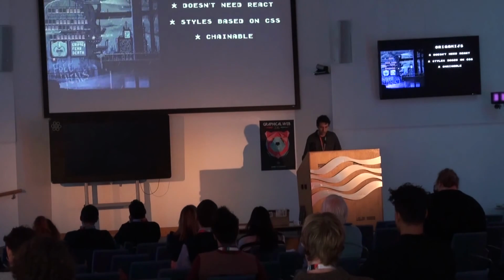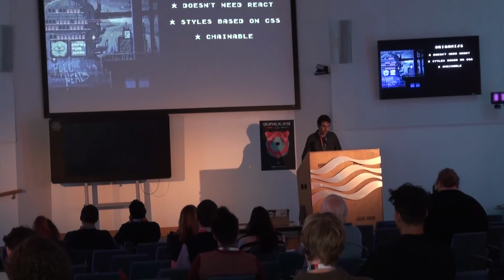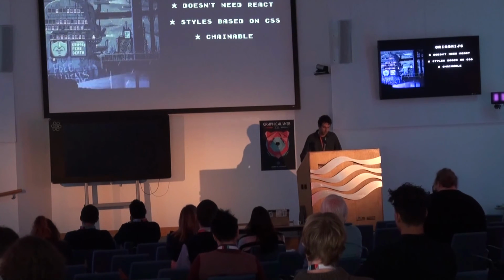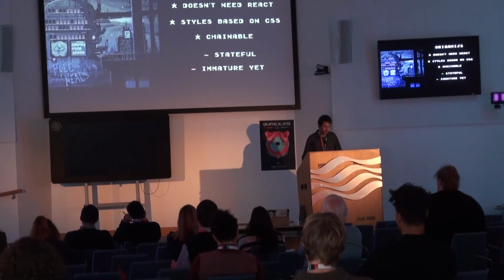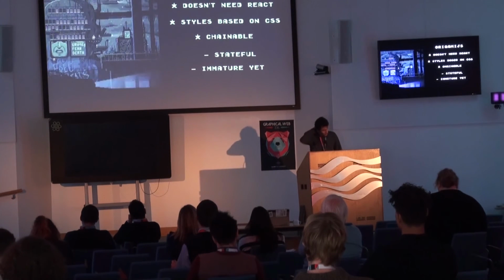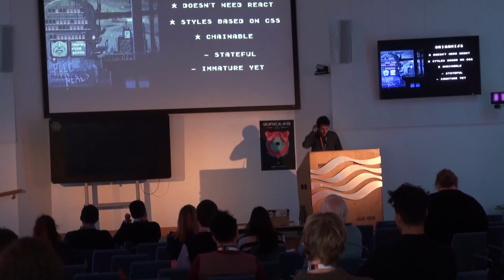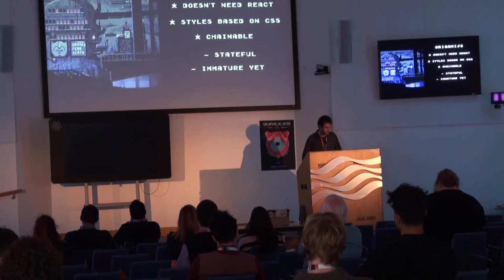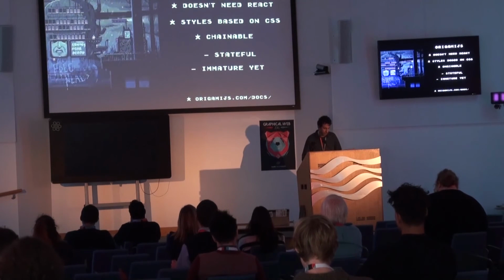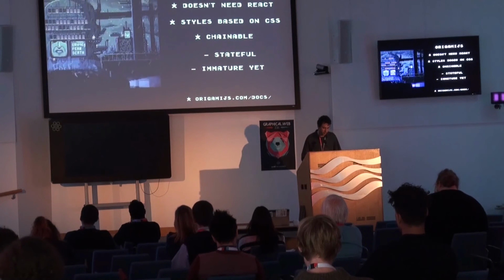But what are the big points of Origami.js? It doesn't use React, style based on CSS, chainable, but stateful, immature yet, so hard to test and still immature. It isn't even 1 year old, but you can help; the Origami.js docs exist.